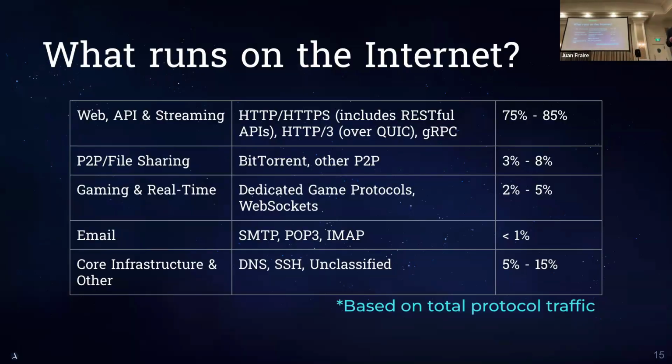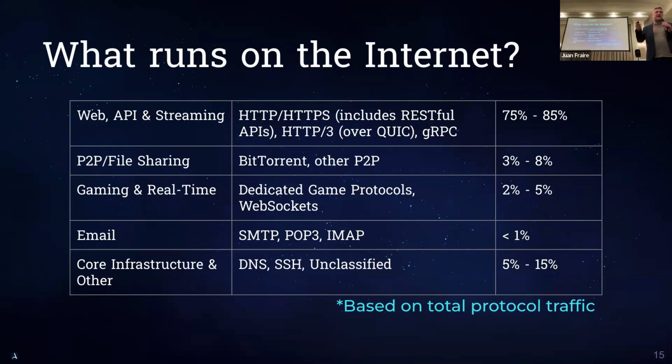So the next question is, what actually runs on the internet? Getting this data is hard, and these are estimates, but I think they're pretty accurate. Based on total protocol traffic, so this is kind of counting IP datagrams, 75 to 85% of it is web API stuff.